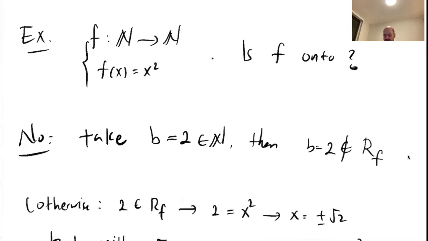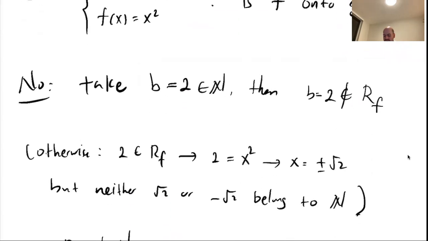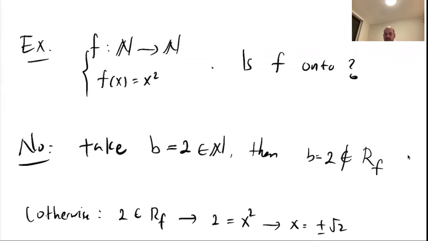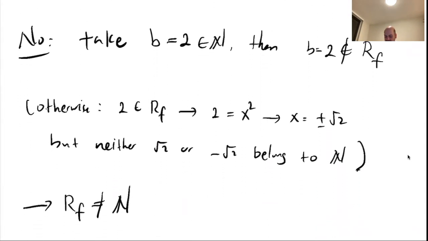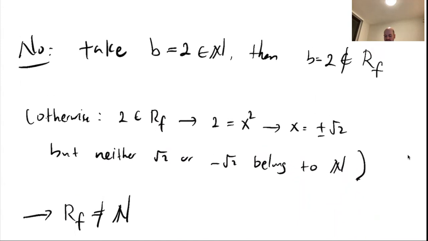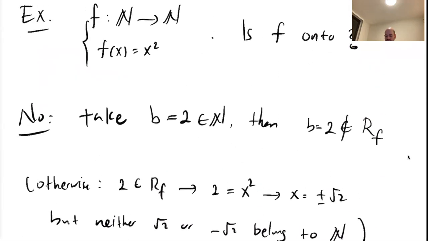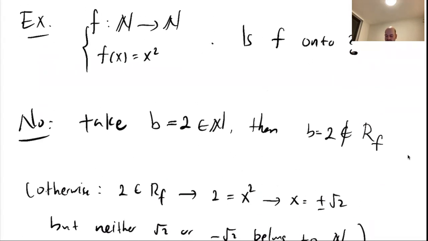So output means f of x, which is x squared. So 2 equals x squared would imply x is either root 2 or minus root 2. But neither of these numbers belongs to the domain. Remember, x must come from the domain, right? But root 2 or minus root 2 are not in the domain, which is the natural numbers in this case. Therefore, the range of f and the codomain are not equal, and therefore the function is not onto.